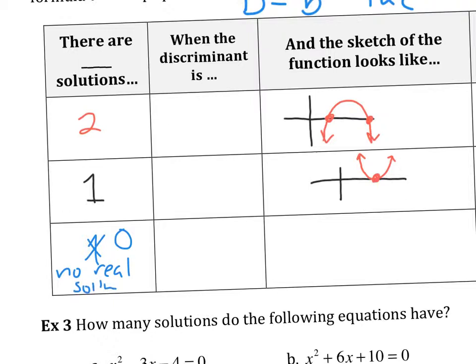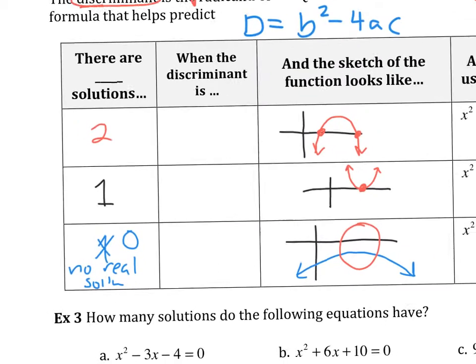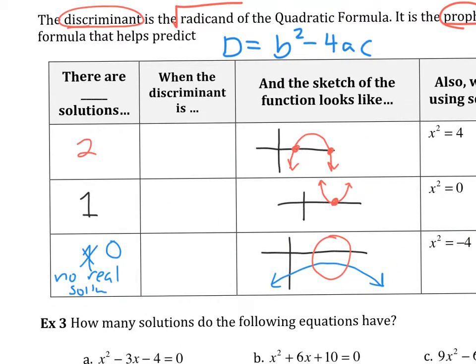And that looks like this, where I have a graph that never crosses the x-axis. Because there is this gap right there, we don't have any real solutions.